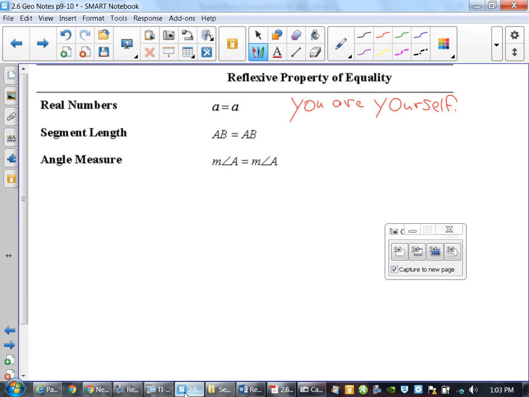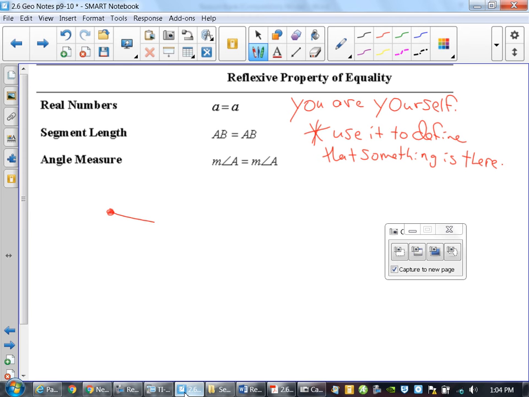And really, the only reason that you need to know about the reflexive property is that you use it when you have to define something. You use it to define that something is there. Well, what does that mean?